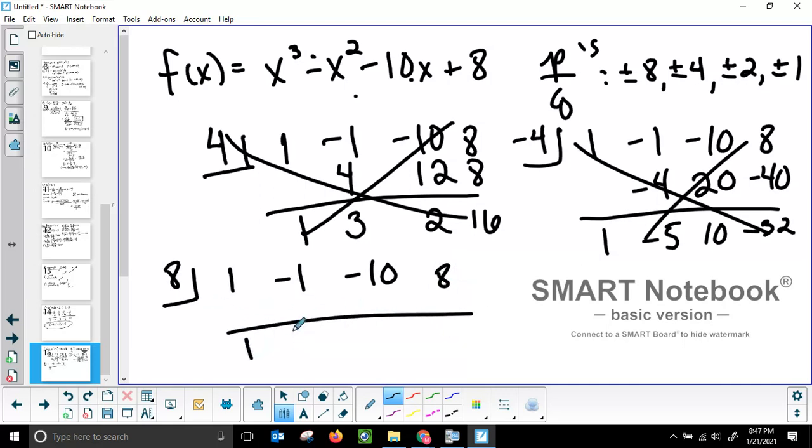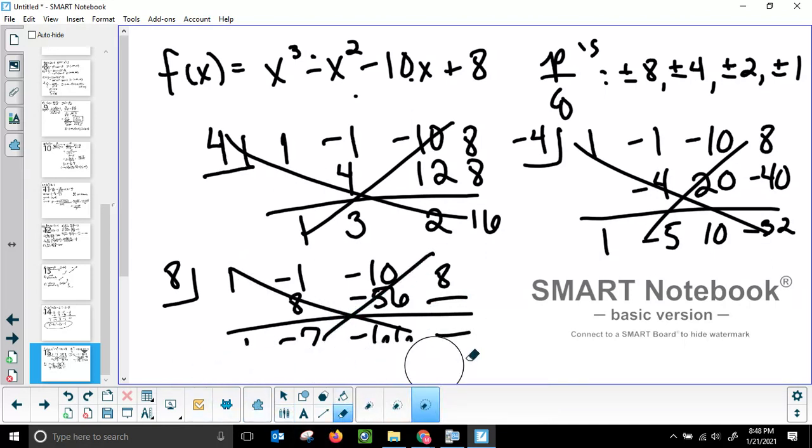So we get 1, 8, negative 7, negative 56. No way this works, a huge negative number. So none of these work thus far.